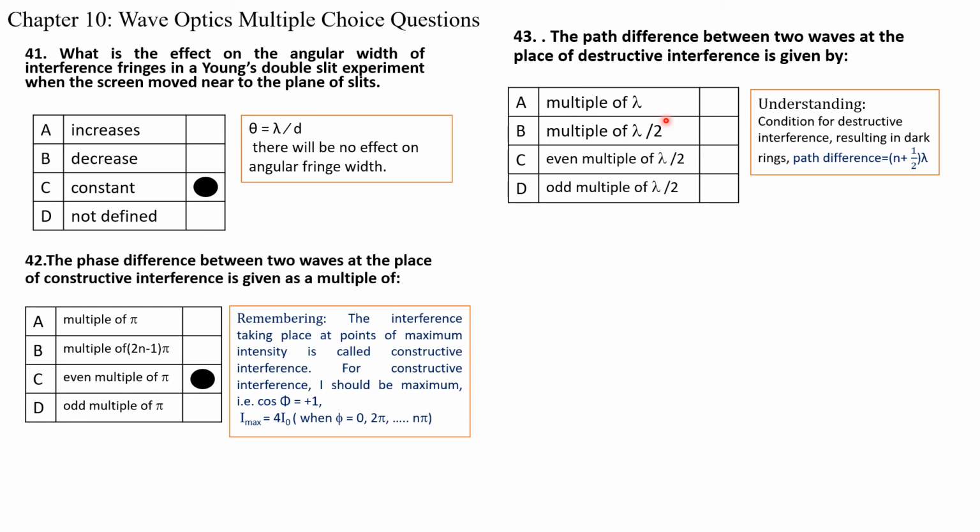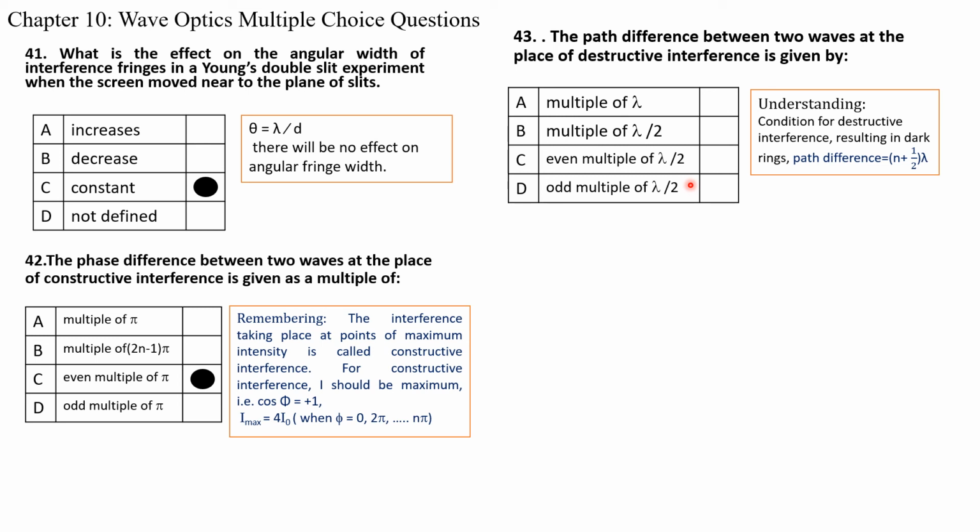4 options are given. Here it is multiple of lambda. The options are given in multiples of wavelength. Therefore, A is multiple of lambda, option B is multiple of half lambda, option C is even multiple of half lambda, and option D is odd multiple of half lambda, lambda by 2.